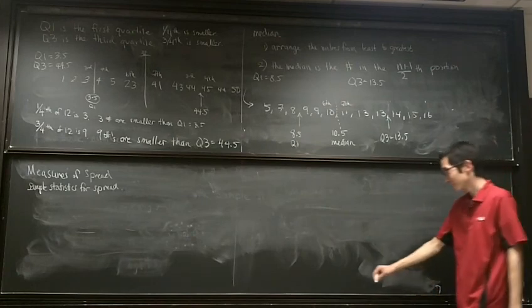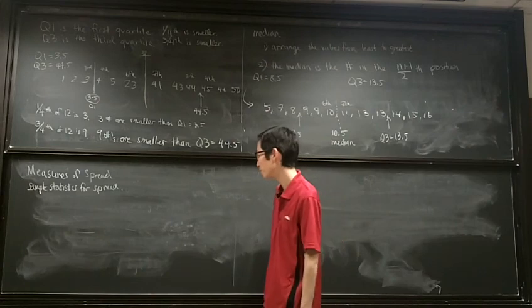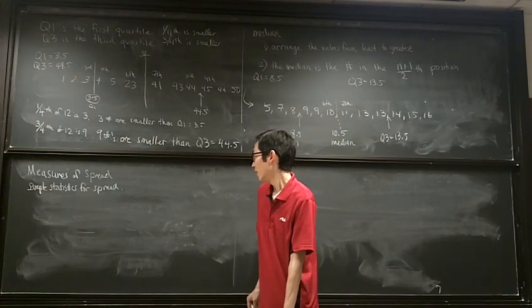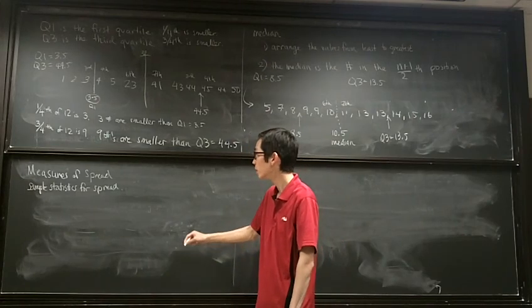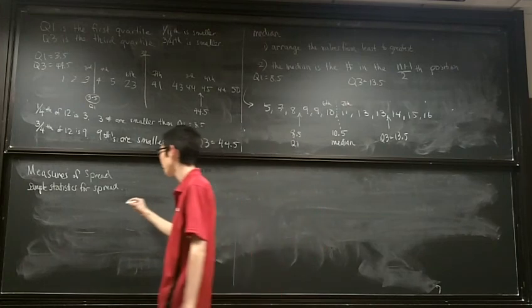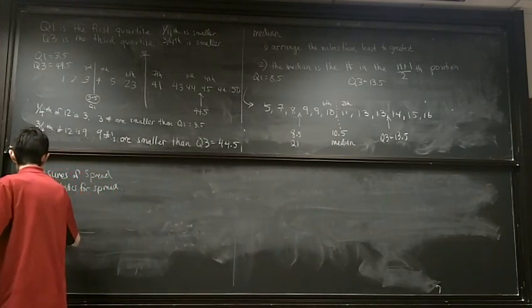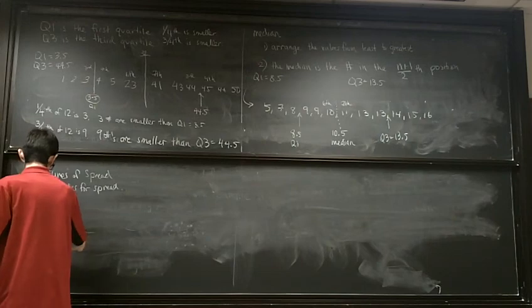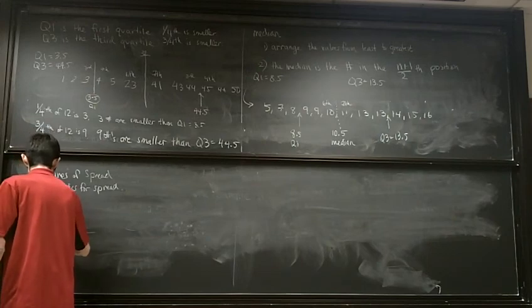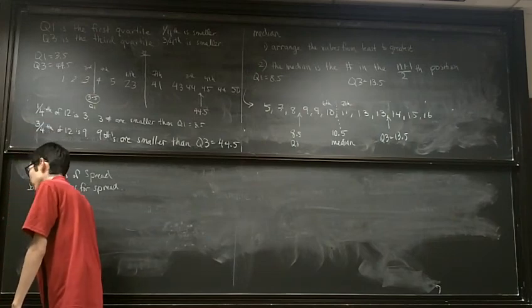All right. Measures of spread and sample statistics for spread. So here, we've already mentioned these. We've got the range and the IQR, and then we have standard deviation and variation.